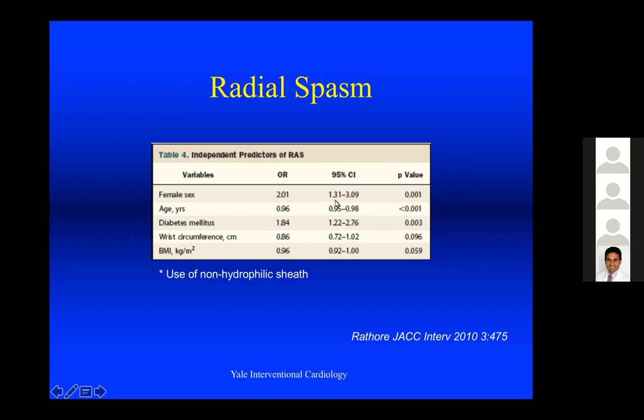It turns out that the older you are, the less spasm you have. So if you're doing radial access on a 40-year-old woman, I think that's really the time when you have to pay attention. And radial spasm also predicts radial artery occlusion after you take everything out. So it's something to be aware of, but you should know that there's a difference.